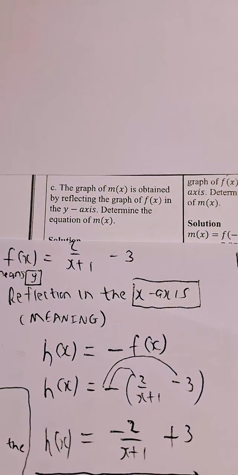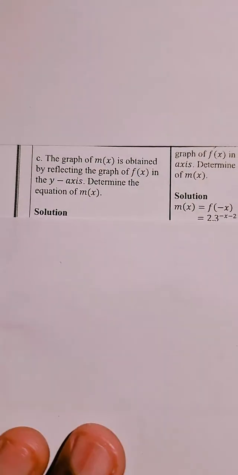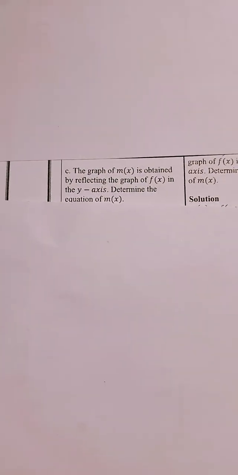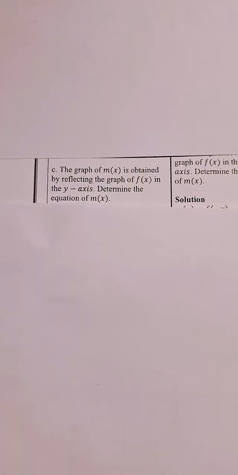So once again, look at the question as stated here. The question says the graph of f of x is obtained, the graph of m of x. So we are talking about a new function here. A function never before seen. But how is it obtained? It's obtained by reflecting the graph of f of x, how?